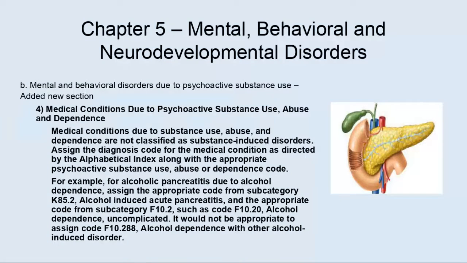So what does this mean? Well, it gives an example. So you have alcoholic pancreatitis due to alcohol dependence. So this is the pancreas. So it's saying code for the pancreatitis, alcohol-induced acute pancreatitis, and the code from the mental section, in this case, alcohol dependence.